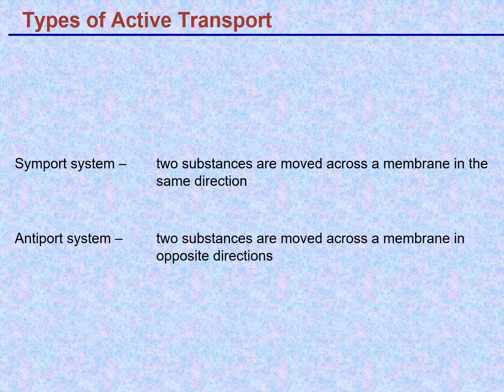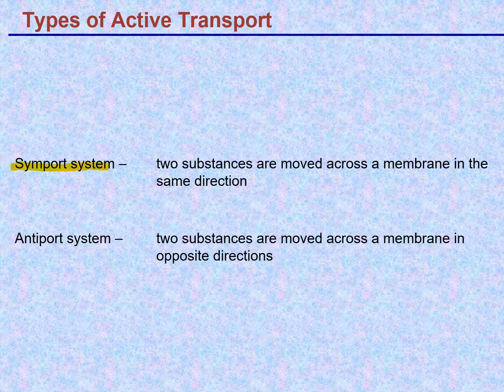Now, when you're talking about direction of movement, you can also characterize active transport mechanisms according to which direction the substances move. If more than one substance is moved through a transport mechanism and they're both moving in the same direction, then the active transport mechanism is called a symport system.